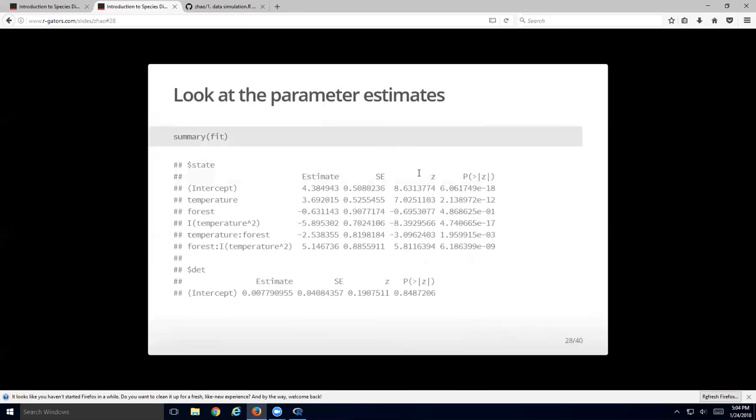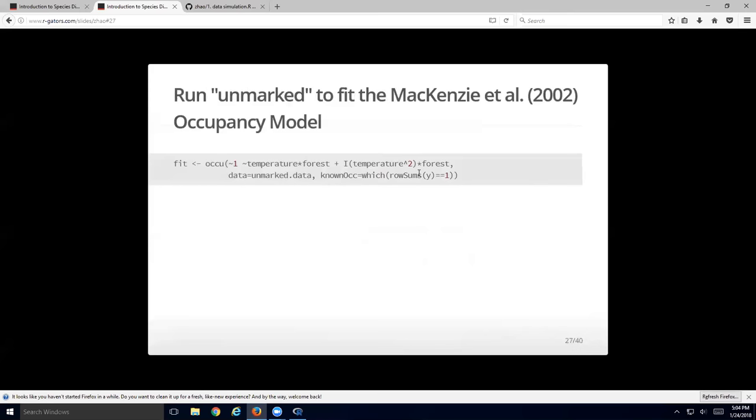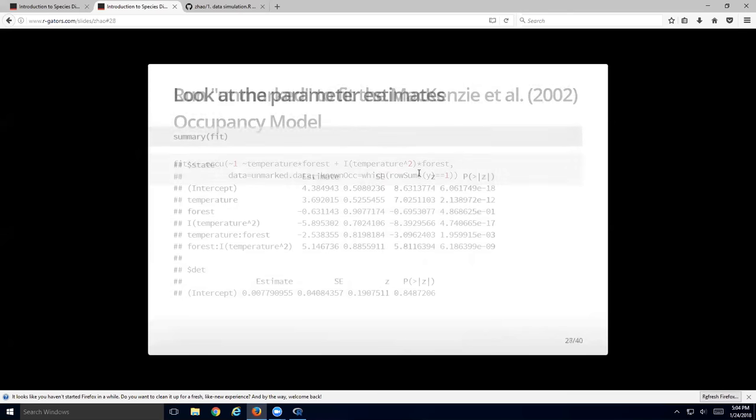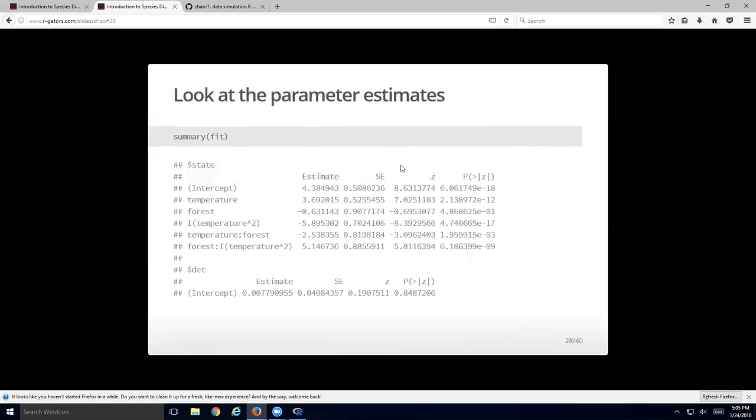To summarize the result, remember that I saved the result as this fit object, and I just summarize it. You can see the estimates of everything here, and also the detection probability.